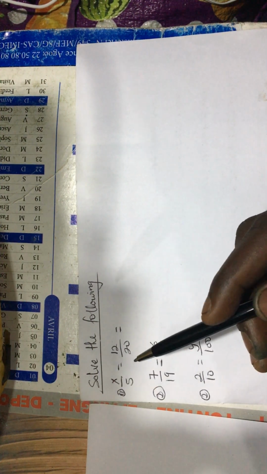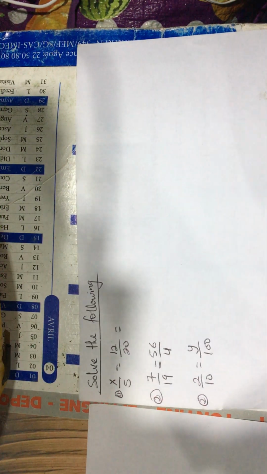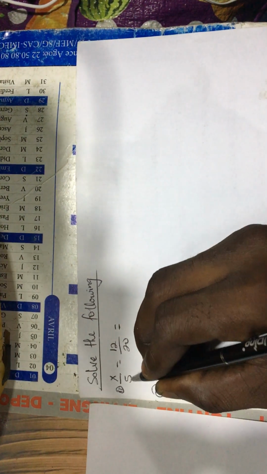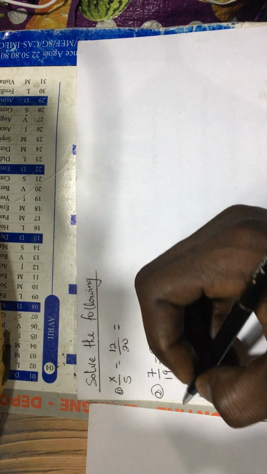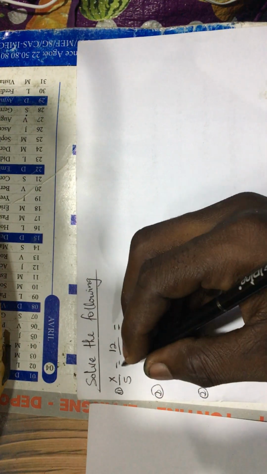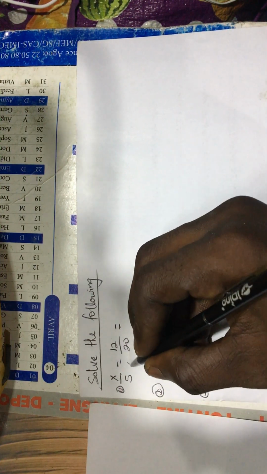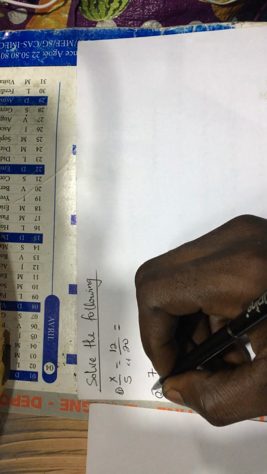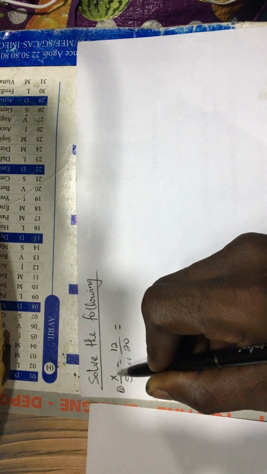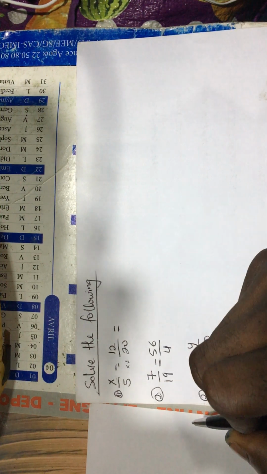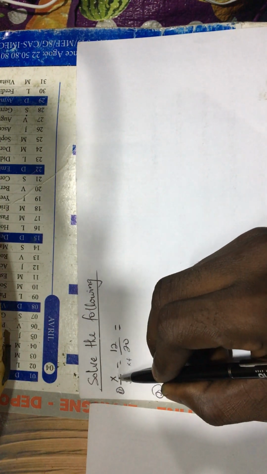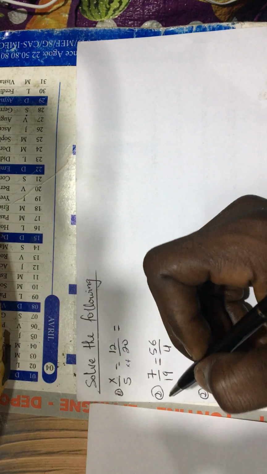If you know your multiplication timetable very well, you will know that 5 times 1 is 5, 5 times 2 is 10, 5 times 3 is 15, 5 times 4 is 20. Okay, 5 times 4 is 20. So what is happening here is that there is a number that when you multiply it by 4, you get 12. So that number is the value of x.